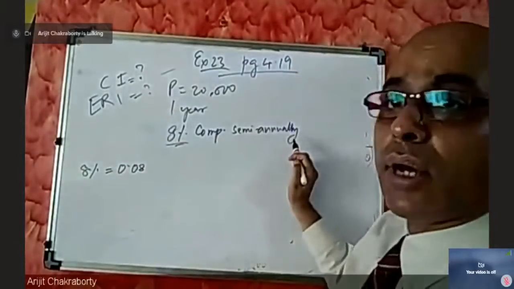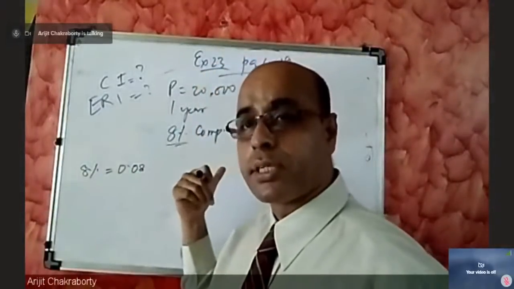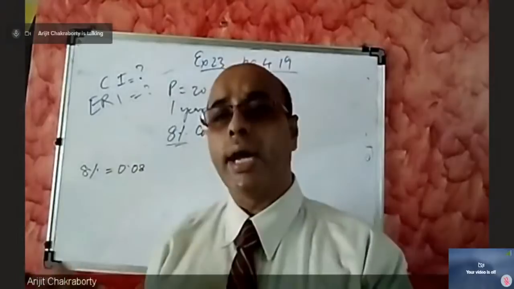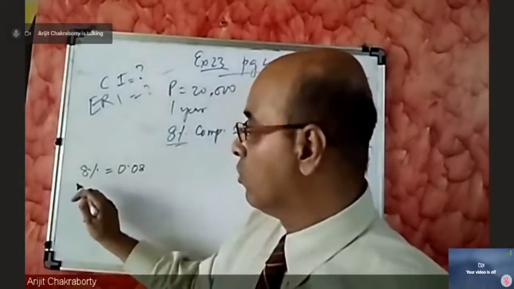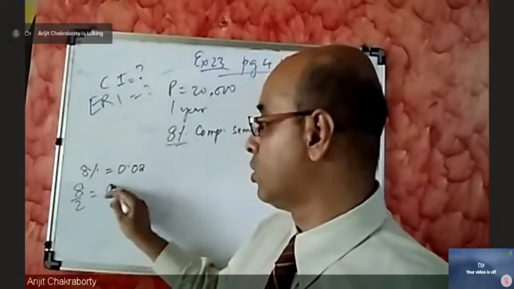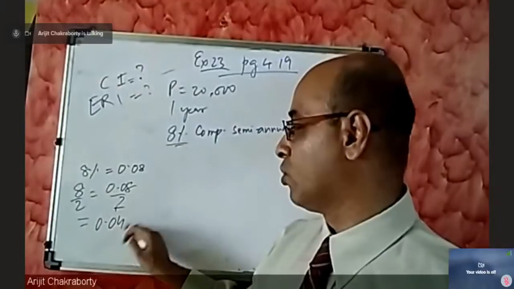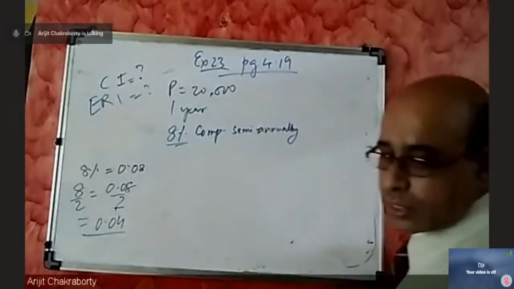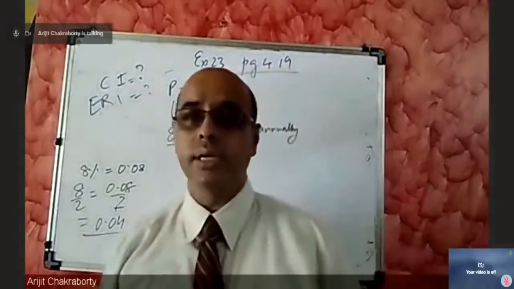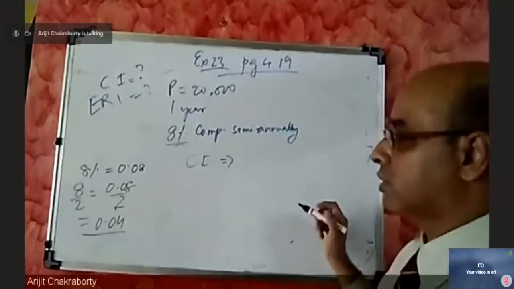Since it is semi-annual, the annual interest rate is, we know, 8%, 0.08. But semi-annual, okay, the period is now 6 months. Semi-annual will be 8 by 2, that is 0.08 by 2, that is 0.04. Okay. So let us find out what is the compound interest. We know the compound interest, basically the formula is what?